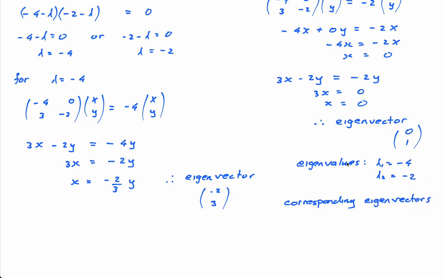When I say corresponding, because with the eigenvalue -4, the eigenvector is -2, 3, and with the eigenvalue -2, the eigenvector is 0, 1.